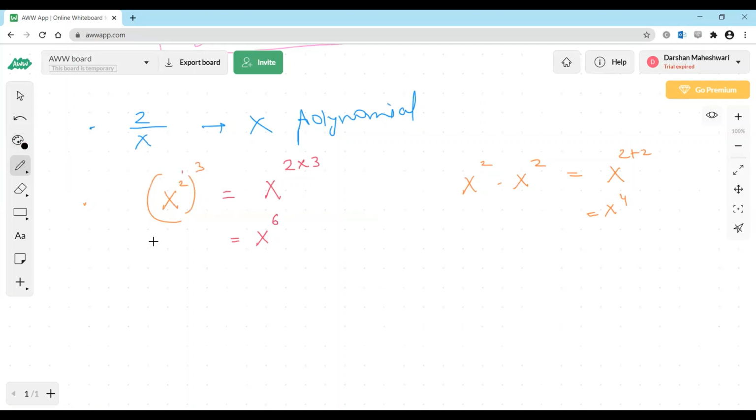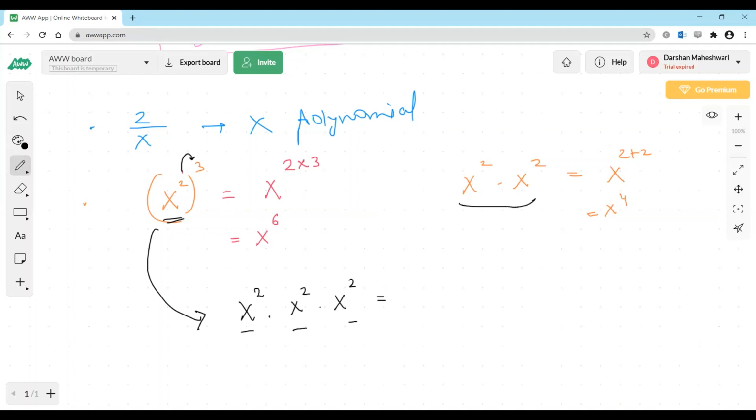But why is this happening? So let's break this x² raised to the power 3 in some pieces. So x² raised to the power 3 means this complete thing is appearing 3 times in multiplication. So it means x² times x² times x². So 3 times this is appearing.